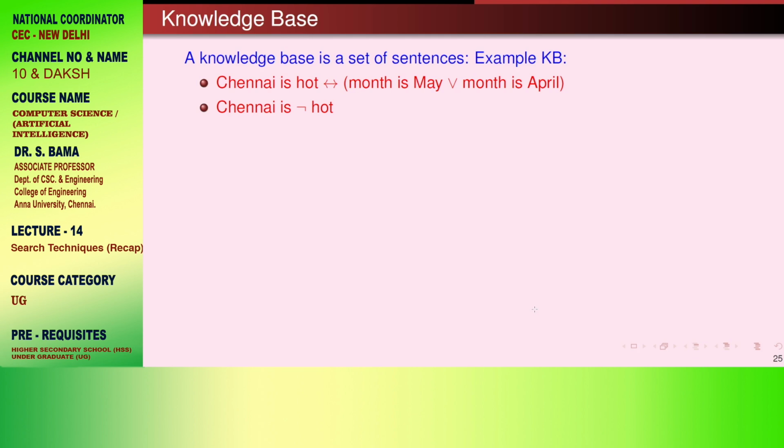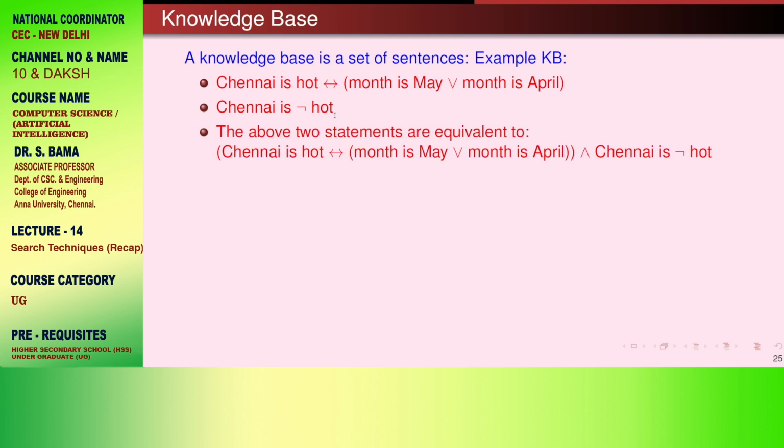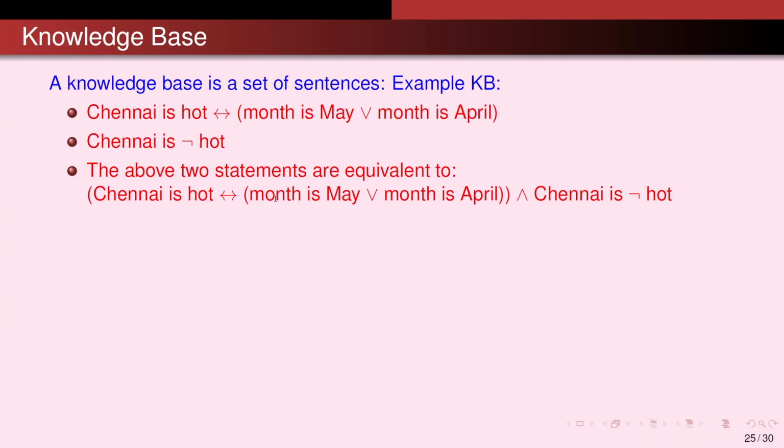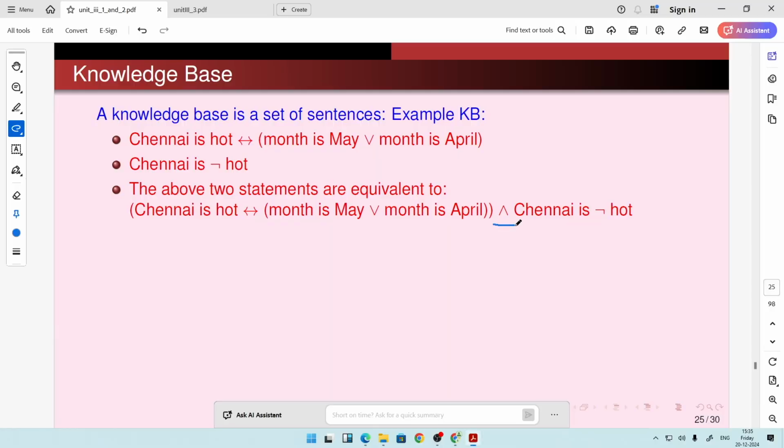Chennai is hot, which is equivalent to the month being May or the month being April, and the second statement is Chennai is not hot. These two statements I can combine using and. See how I have combined them.